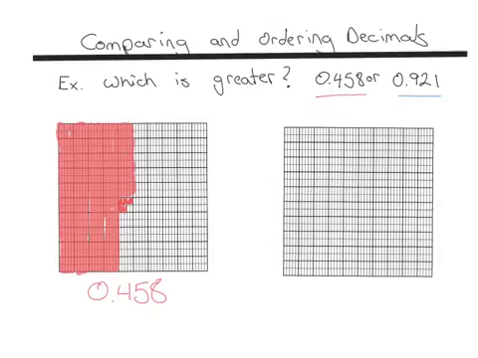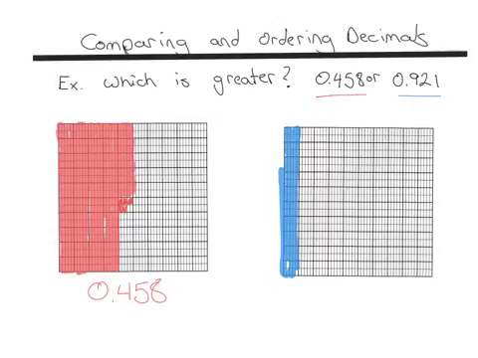So now let's look at the next one. You're going to see that when we color it in, it's going to take us a little bit longer. The reason is we have 9 tenths because it's 921 thousandths. So 9 tenths would simply look like this.